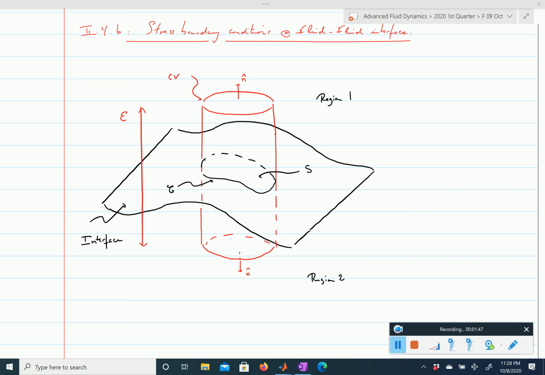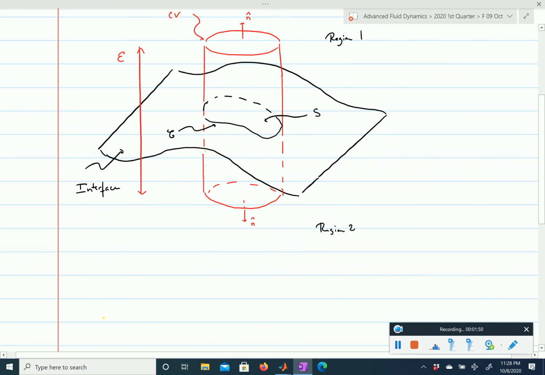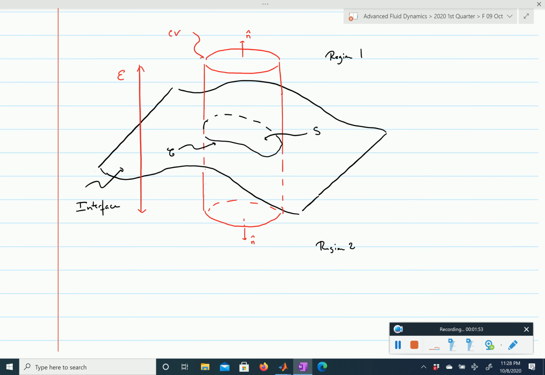So the stress boundary condition arises from a statement of momentum conservation or a force equilibrium on this control volume, which we are shrinking to a very small control volume around the interface.